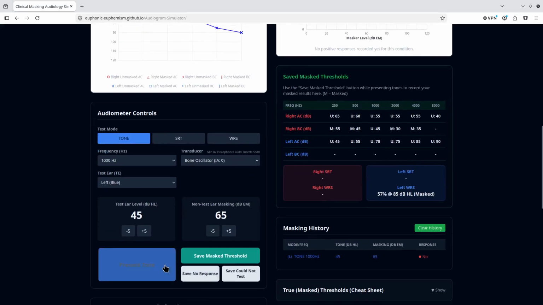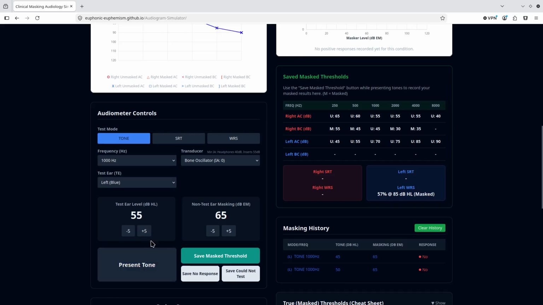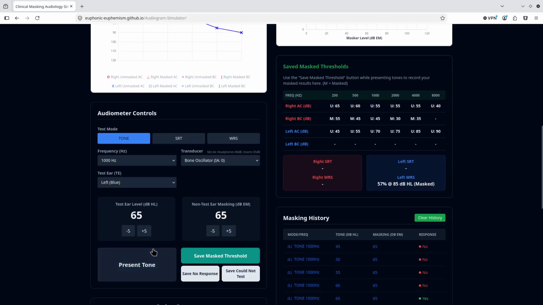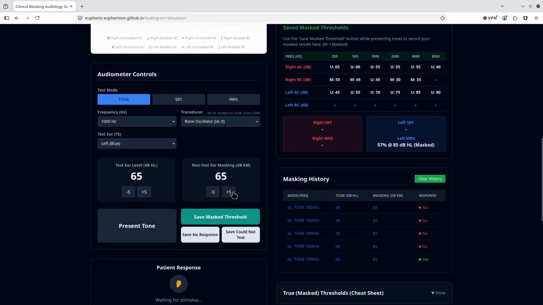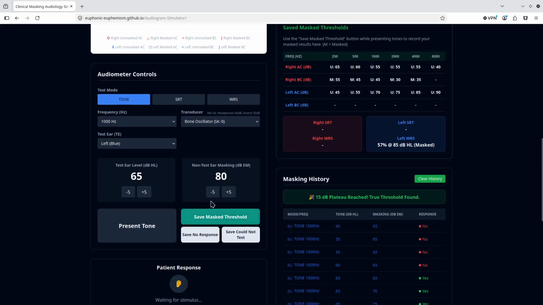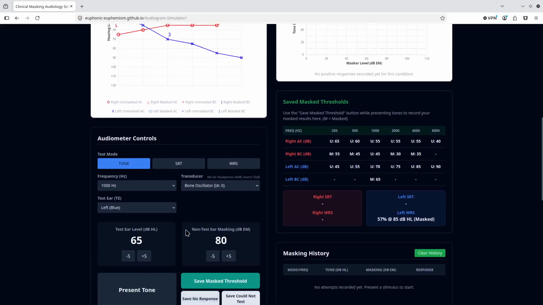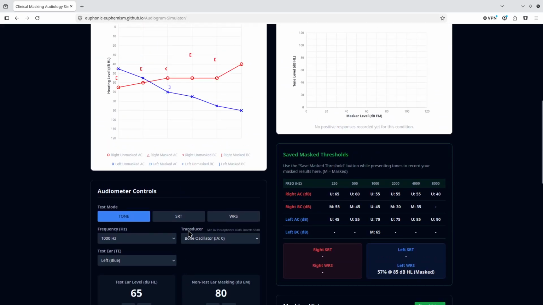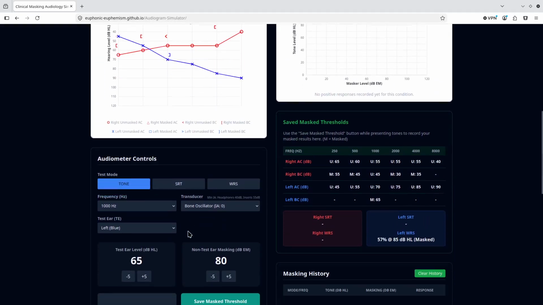We're going to present a tone, no response, go up on the tone, no response, go up on the tone, no response, continuing to go up on the tone. Finally got a response. Let's go up on the masker, again on the masker, again on the masker. We plateaued. Save our mask threshold there. So we're doing good. And let's go to 2,000 hertz now.